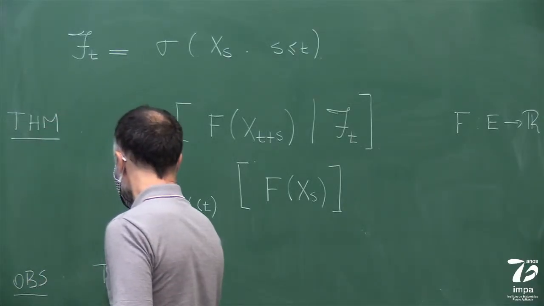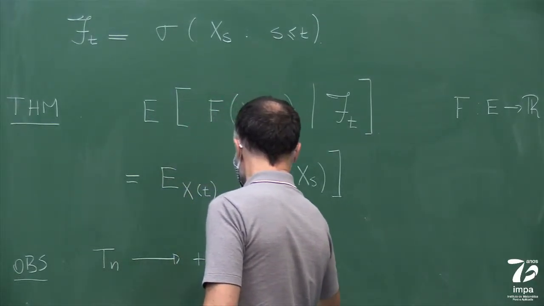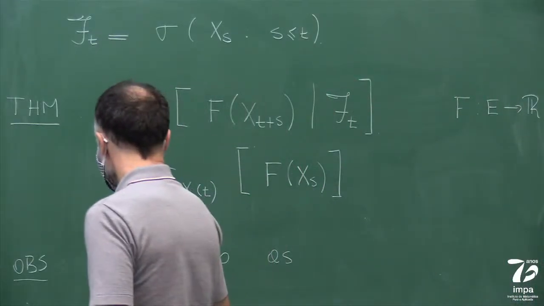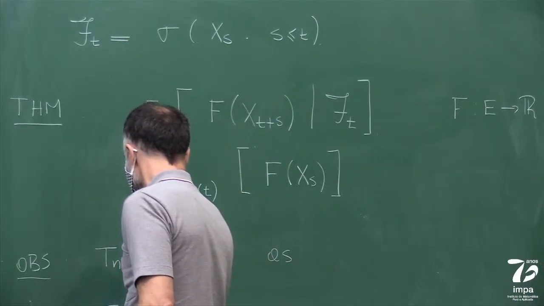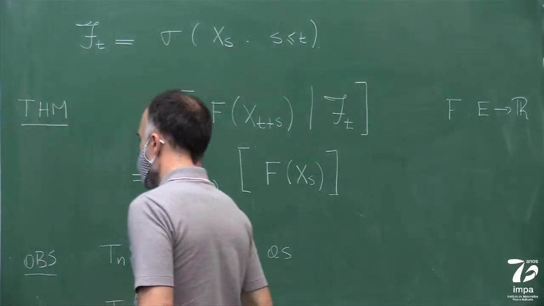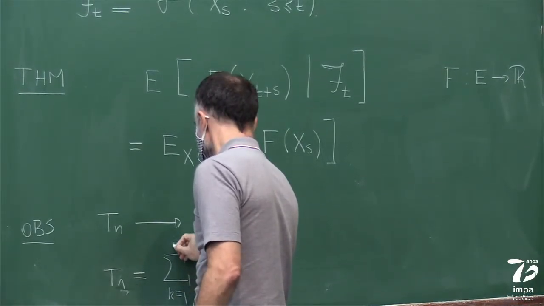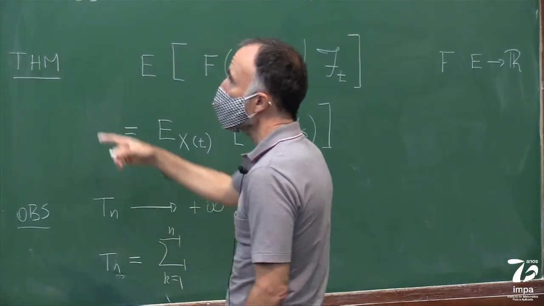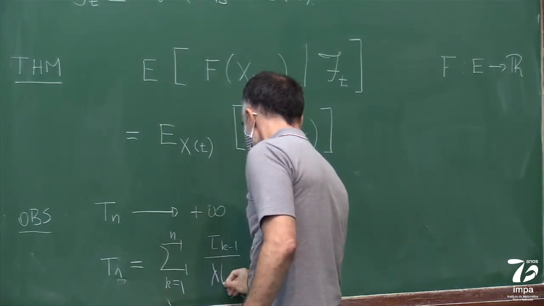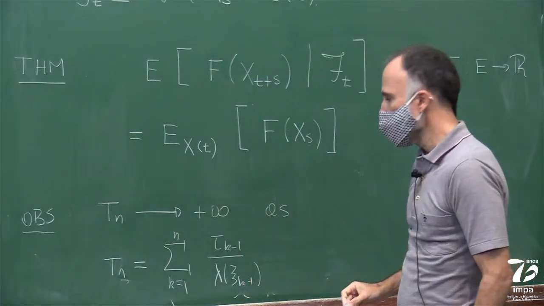Mind that T_n converges to plus infinity almost surely. Because T_n is equal to the sum of s_k, but s_k is tau k minus 1 over lambda of psi k minus 1, and this is bounded.